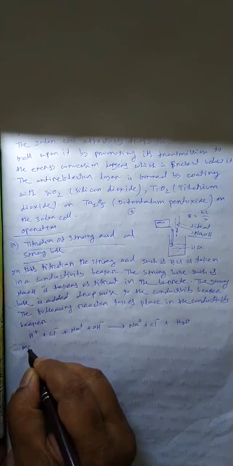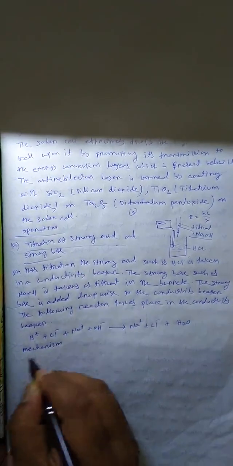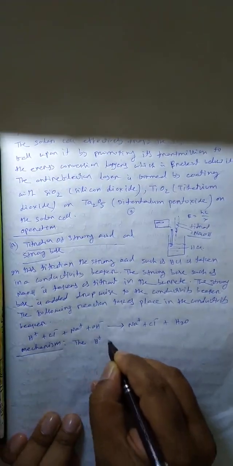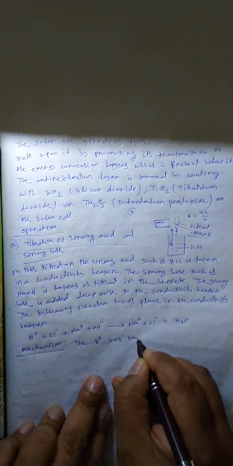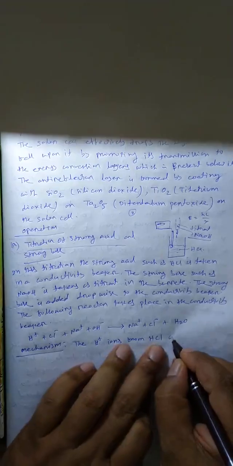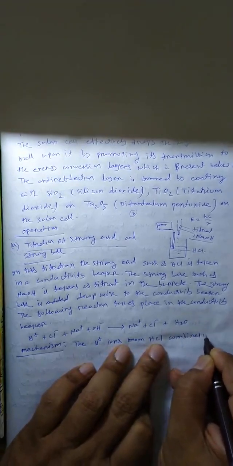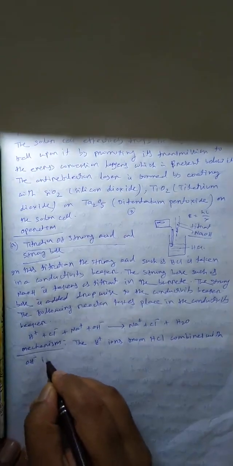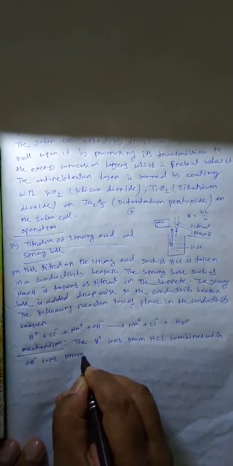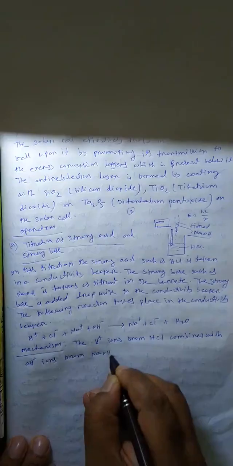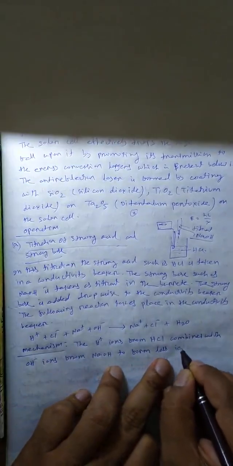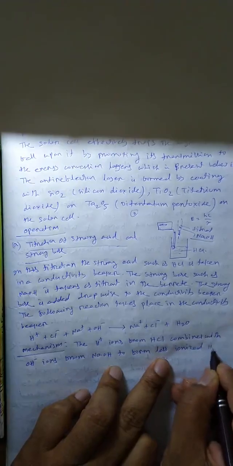Then what is the mechanism? The mechanism is that the H plus ions from HCl, the strong acid, combine with OH minus ions from sodium hydroxide to form less ionized water.